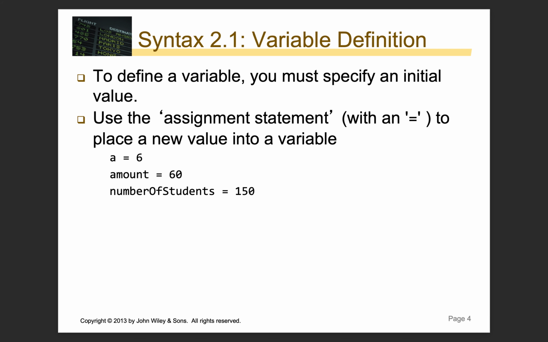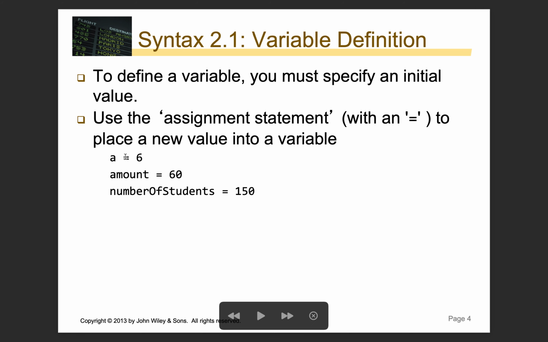So we're going to be looking at variables. How do we define a variable? To define a variable, we need to specify an initial value. We use the assignment statement, which is a single equal sign, to place a new value into a variable. So our examples here are a equals 6, amount equals 60, and number of students equals 150.